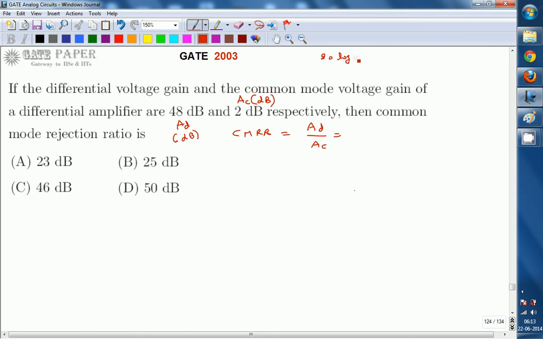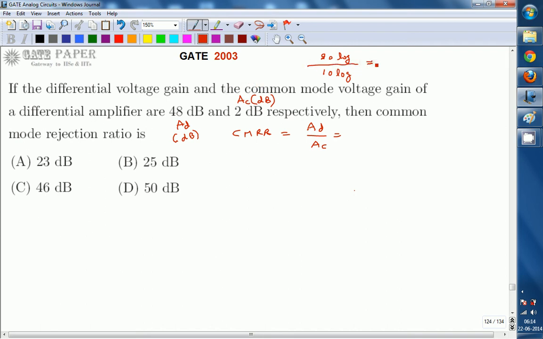If it is power, it has to be represented as 10 log. For power or power gain in decibels, use 10 log. For voltage or voltage gain, current or current gain, you must use 20 log. Remember this.